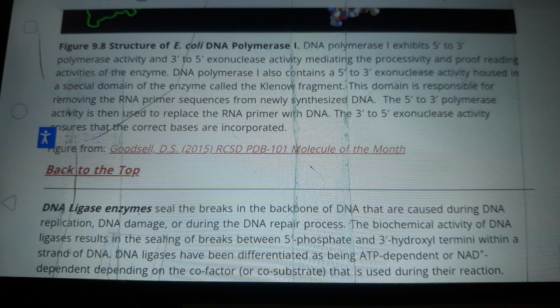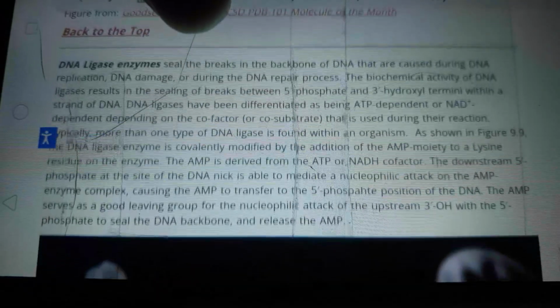This domain is responsible for removing the RNA primer sequences from newly synthesized DNA. The 5' to 3' polymerase activity is then used to replace the RNA primer with DNA. The 3' to 5' exonuclease activity ensures that the correct bases are incorporated.